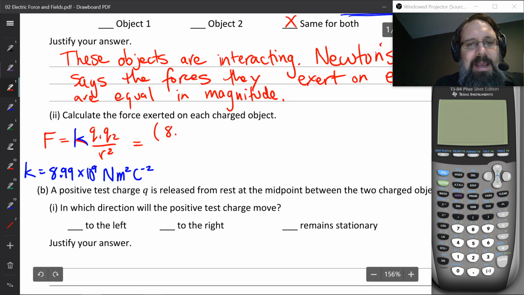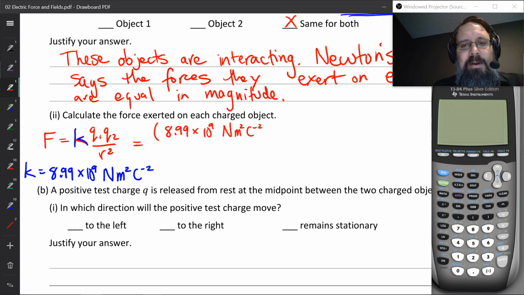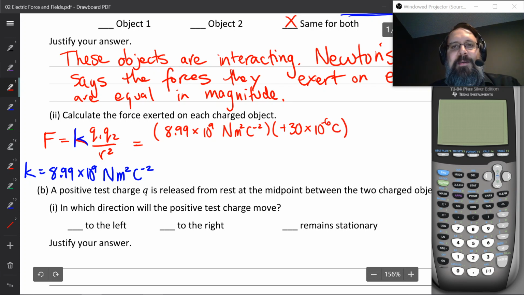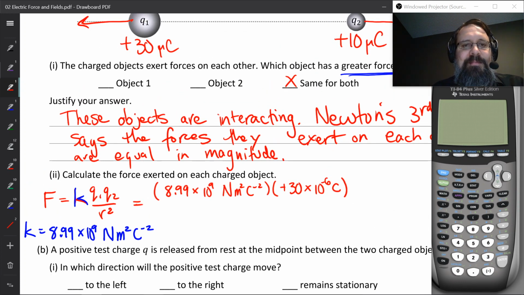We're going to start by writing 8.99 times 10 to the 9, and I'll put the units here, newton meters squared per coulomb squared. I just want to put the units there because it'll help us see how this equation works out in the end. Then we multiply by the charge Q1, which was positive 30 times 10 to the negative 6 coulombs. Where did the negative 6 come from, you guys? Yeah, it was the microcoulomb.